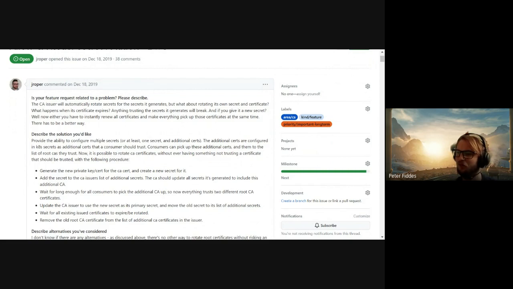And what people seem to expect or think should happen is that if the CA rotates, all certificates issued by the CA should also rotate. And this is quite a long-standing issue. So what I wanted to do was try and work out what the right path forward here is, because this obviously hooks into Trust Manager.